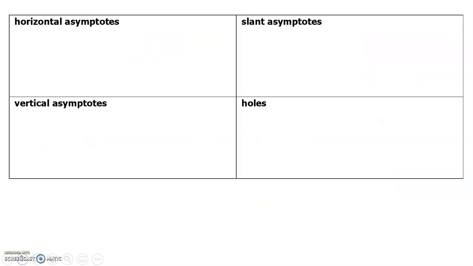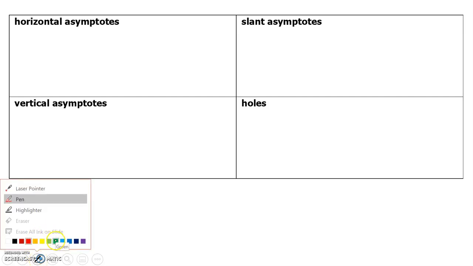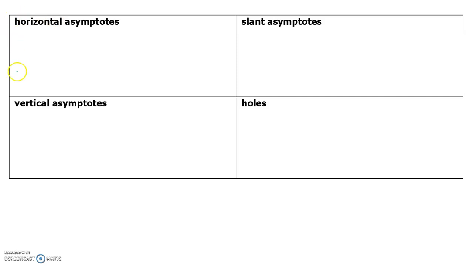Next we're going to review our asymptotes and then also our holes. So a lot of these do come from excluded values. I'm going to talk about the horizontal asymptote first. The horizontal asymptote is basically what the graph is settling on. Now when it comes to these functions, they either are going to have one horizontal asymptote or no horizontal asymptote.